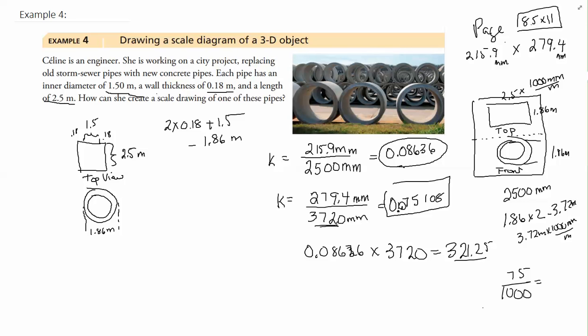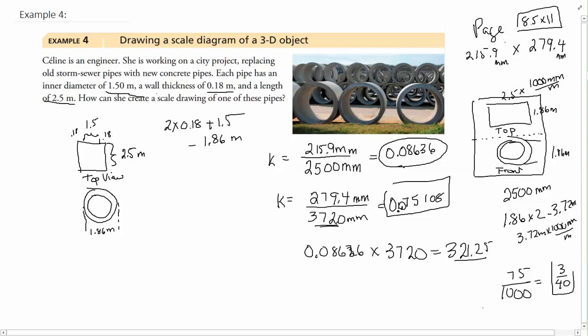And that gives me 3 over 40. That's kind of an awkward number, but that's not too bad. So we'll use that as our scale factor, 3 over 40.